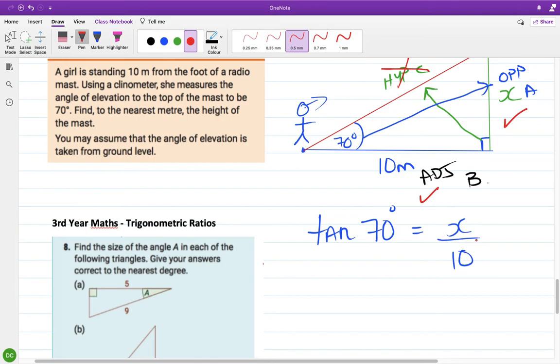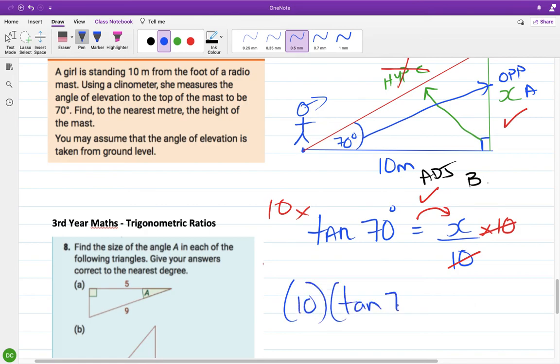The x is being divided by the 10. So if I want to remove that 10 to isolate the x, I need to do the opposite of divided by 10, which is to multiply by 10. That multiplied by 10 will take out that divided by 10. But if I multiply by 10 over here, I need to do the same thing over here. So I'm going to multiply 10 by tan 70, and that will give me x.